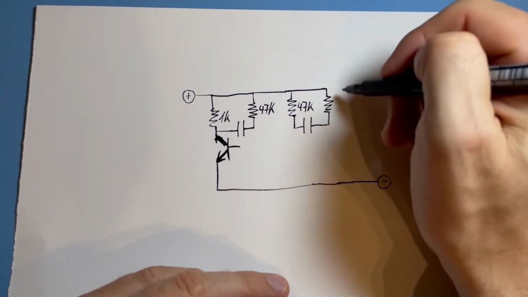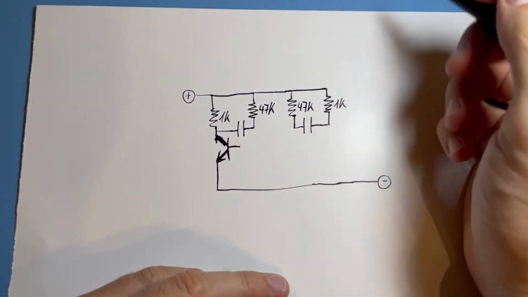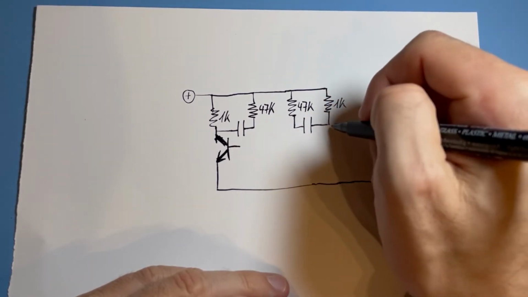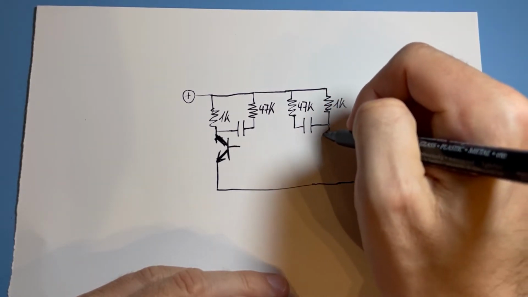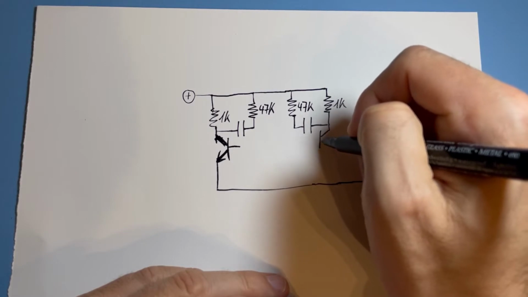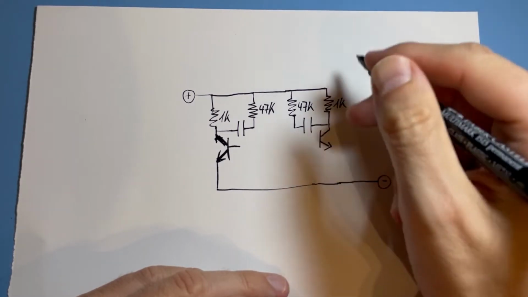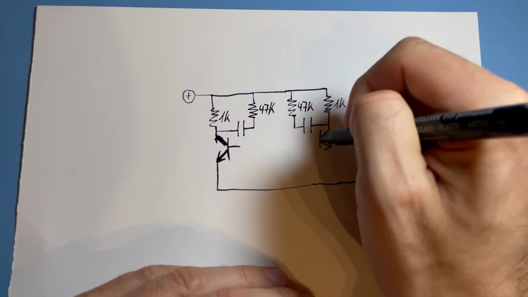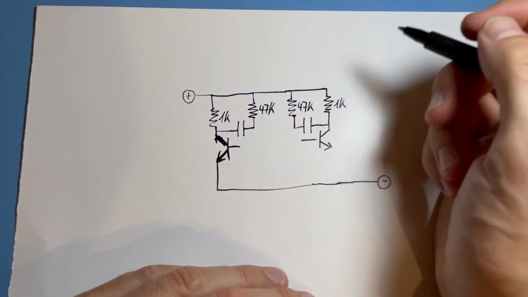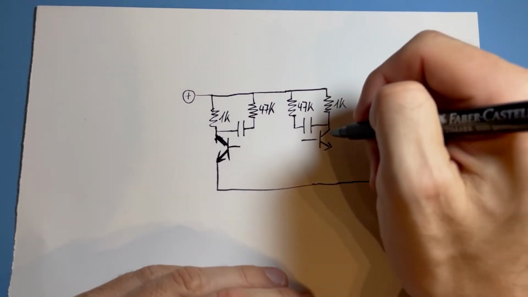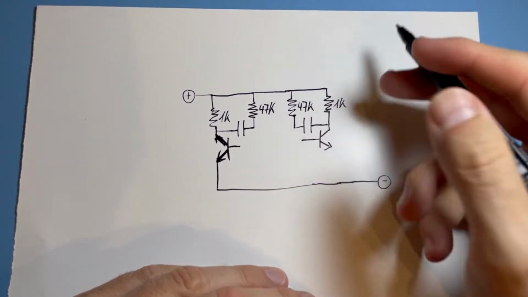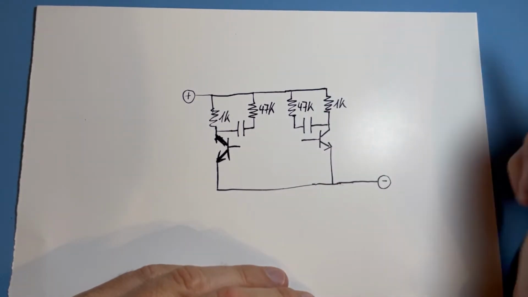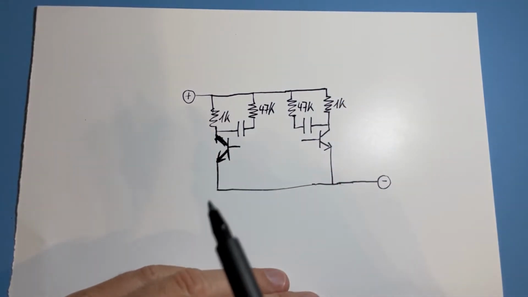So this is 1K leading to a transistor. Let's hope I get it right the first time. And the base lead of the transistor leads out here. And the emitter of this transistor is again connected to ground. So we have a very symmetrical situation here.